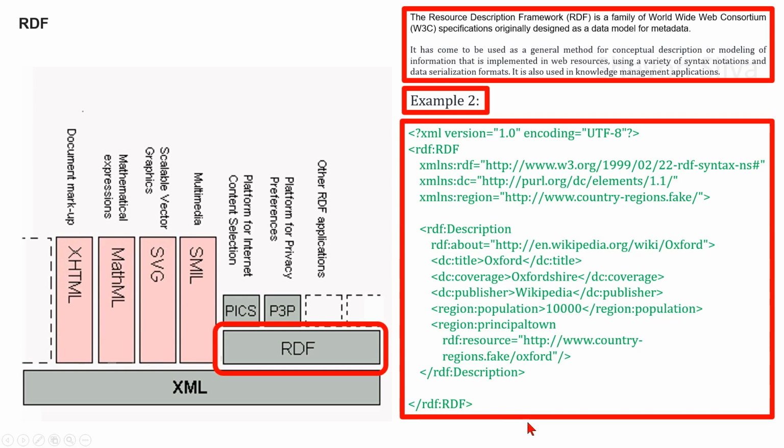An RDF document can contain more than one statement. Here in RDF, the rdf:Description tag simply means I'm going to describe something, a subject, and I am giving it a unique ID, http://en.wikipedia.org/wiki/Oxford.